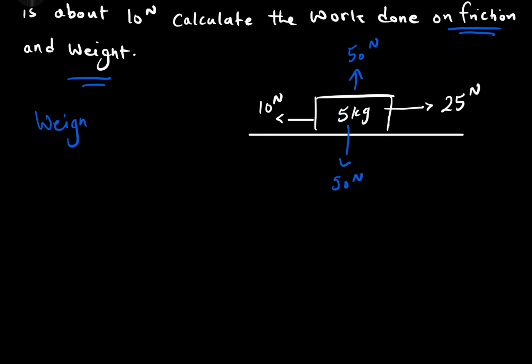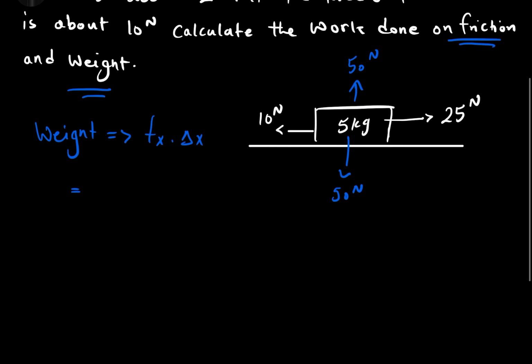Now, the work done by the weight can be calculated by multiplying the force in the horizontal component and the change in displacement. As you can see, the work done by the weight is a bit of a weird situation because the force is being applied in a perpendicular direction compared to the movement, because the box is going to move to the right, and they have a 90 degree angle between each other, and as a result the cosine of 90, as you know, is equal to 0.